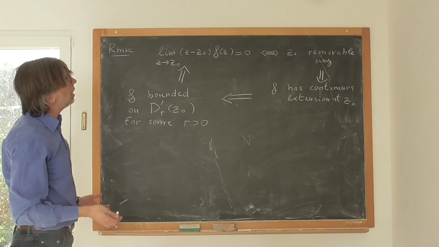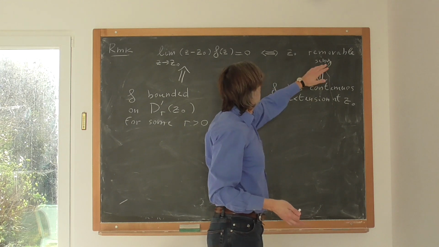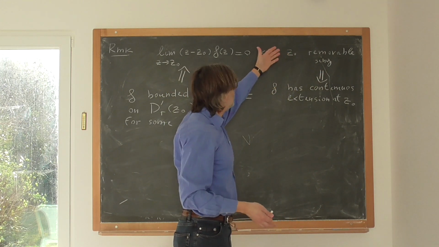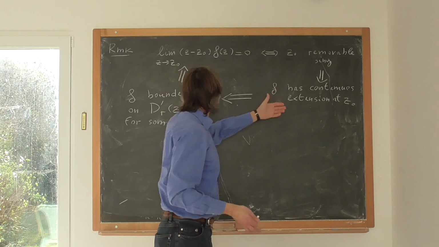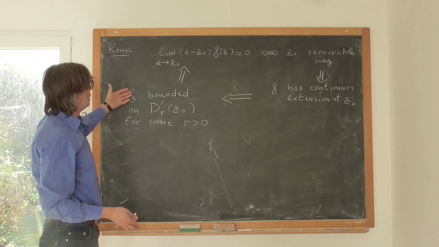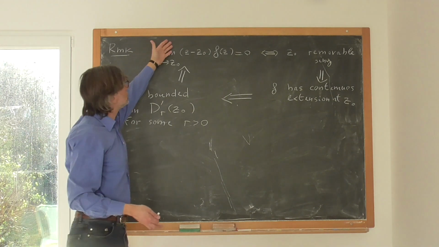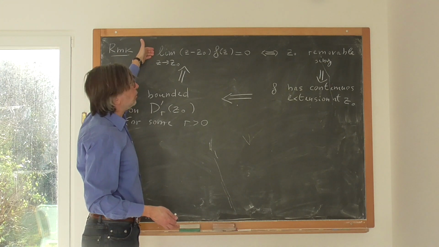So in particular, the singularity z naught is removable, for instance, if and only if f has a continuous extension at z naught, or if and only if f is bounded near z naught, or if you want, if and only if this condition holds.